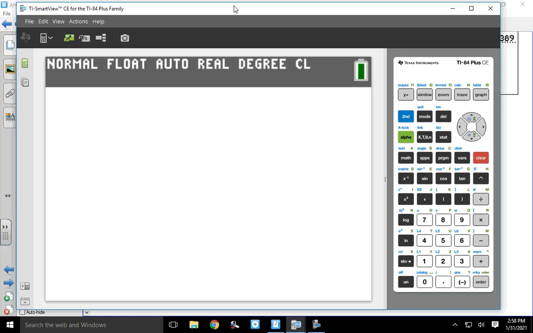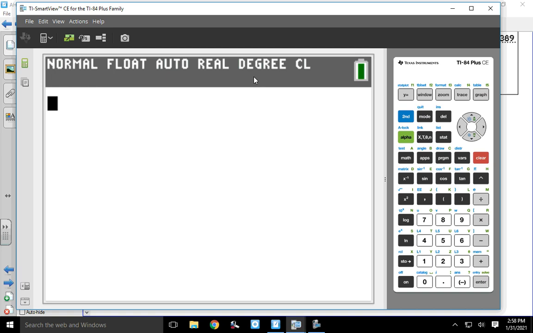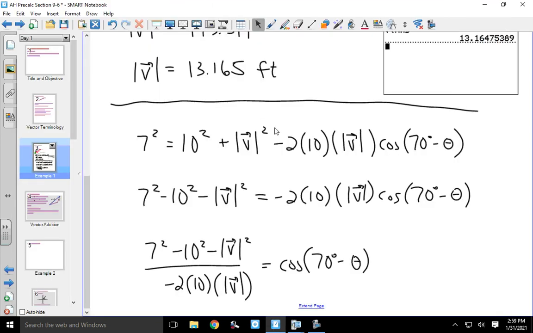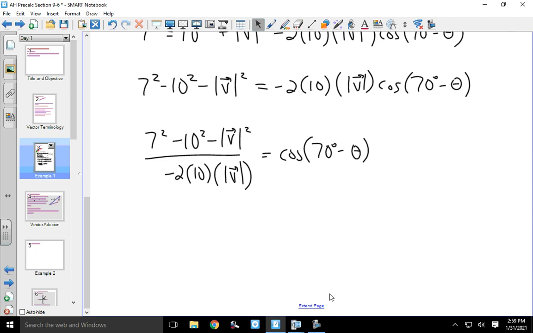So I've got 7 squared minus the 10 squared minus the v squared. I stored that too. And we have to divide that by negative 2 times 10 times v. All right, so we get 0.851 or 852. So we can write it that way: 0.852.